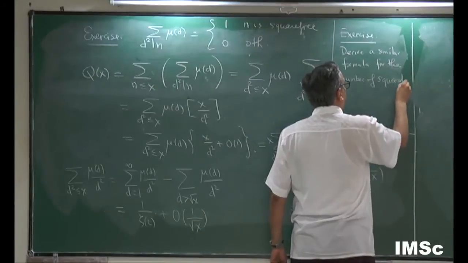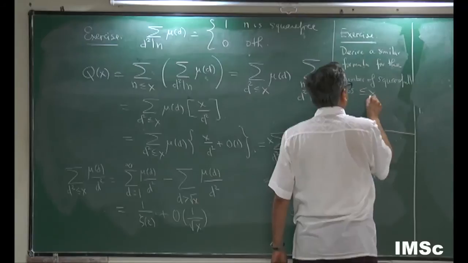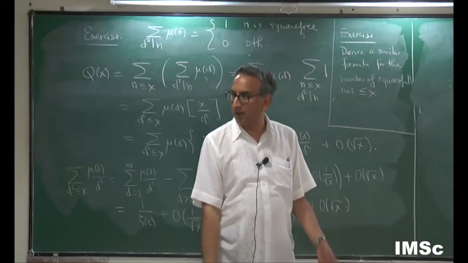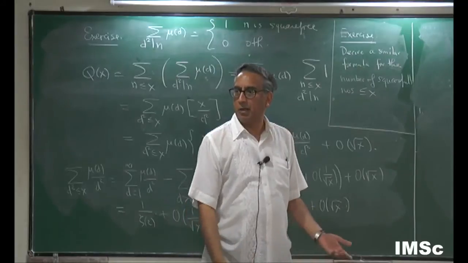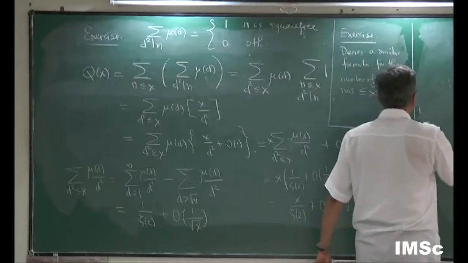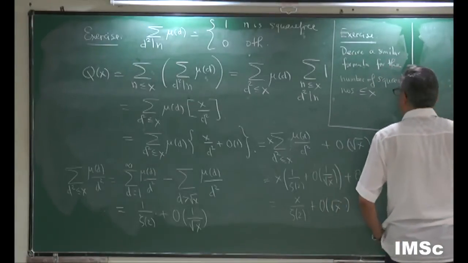So do the square full case. Remember last time I showed you how the Tauberian theorem can be used to give the main term, but now try and do it by elementary methods. You'll get a better error term actually. All right, that's a good exercise.